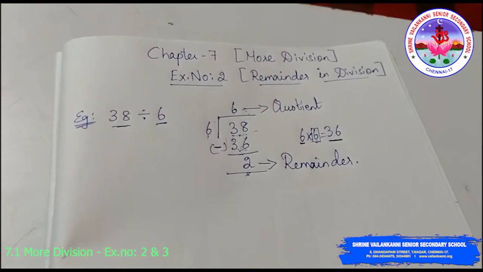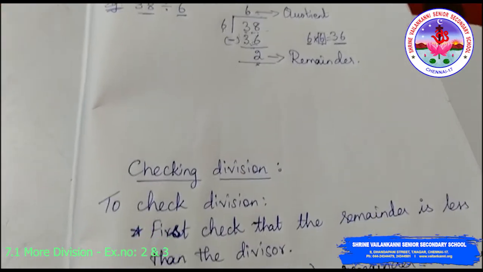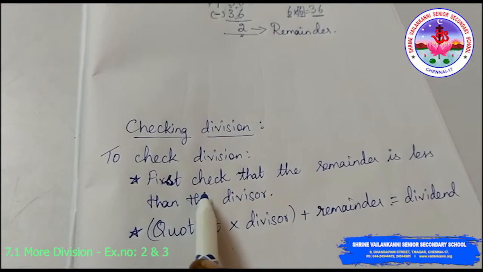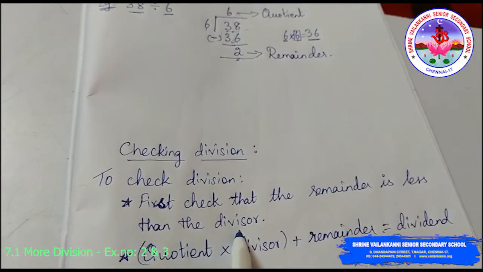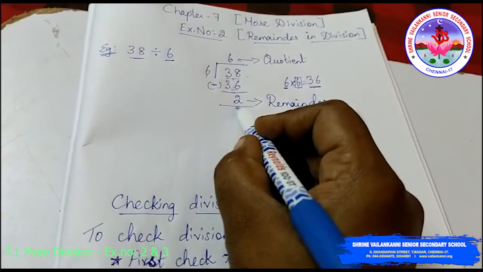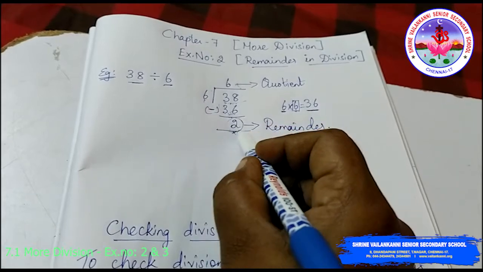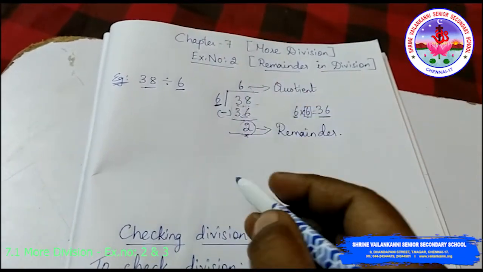First, you have to check whether the remainder is lesser than the divisor. After subtracting, the value you got is the remainder, and you have to check that it is lesser than the divisor.